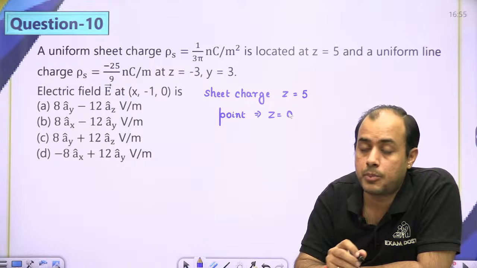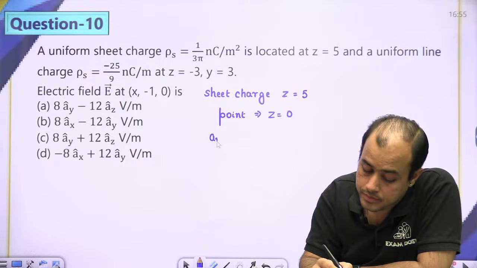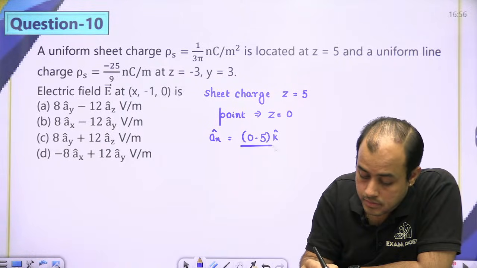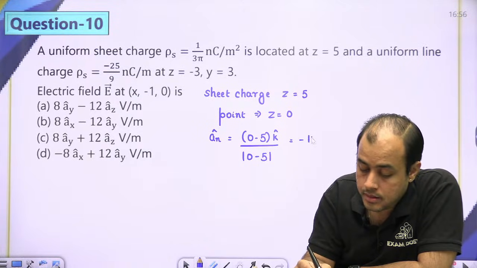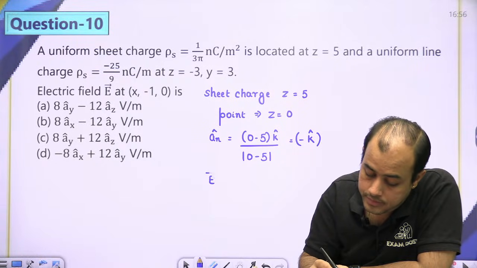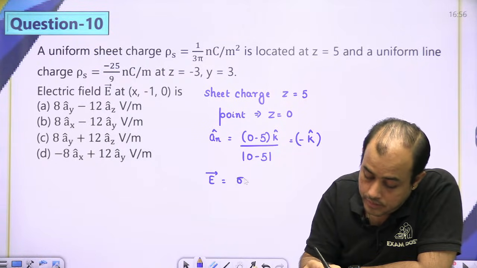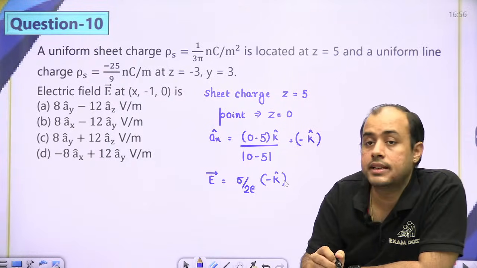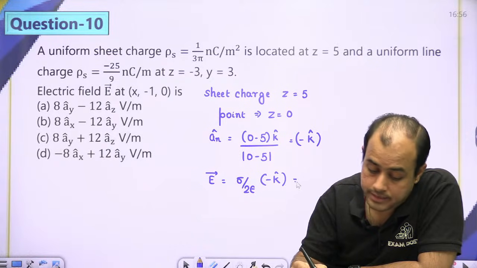Always subtract charge from the point. Subtract the charge from the point. So this is the direction of the electric field.